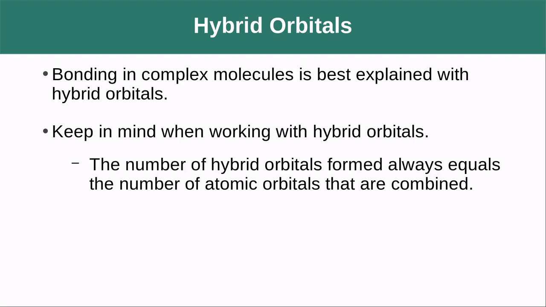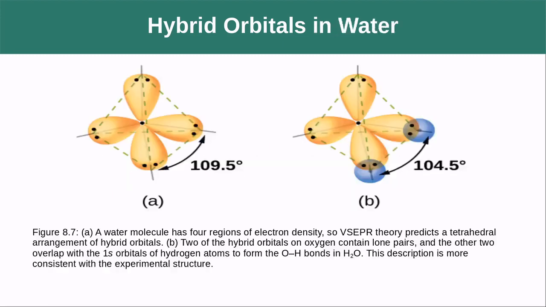One thing to keep in mind when working with hybrid orbitals is that the number of hybrid orbitals formed always equals the number of atomic orbitals that are combined. So here we can see that VSEPR theory would predict that in a water molecule we have a distance of 109.5 degrees to form a tetrahedron.